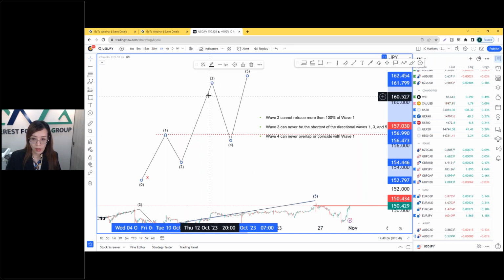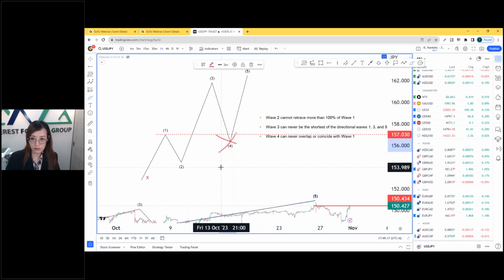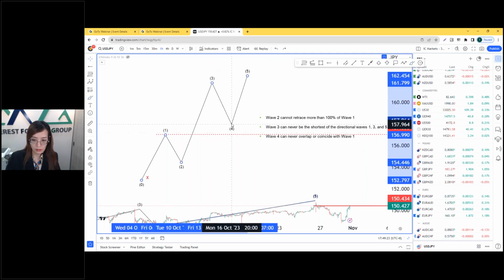And when you see wave 4 overlap wave 1, this is not called Elliott wave. You need to follow the rules. It has to stay above wave 1, it cannot go below.